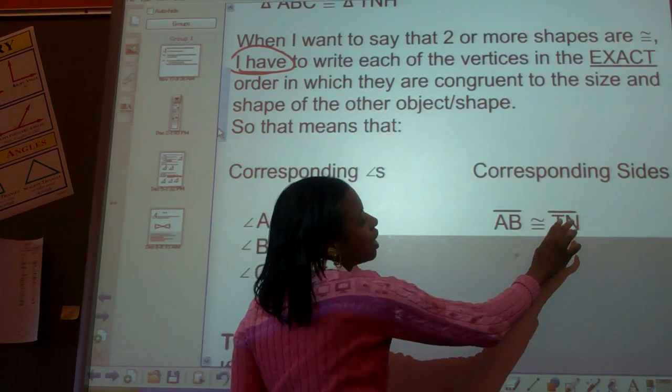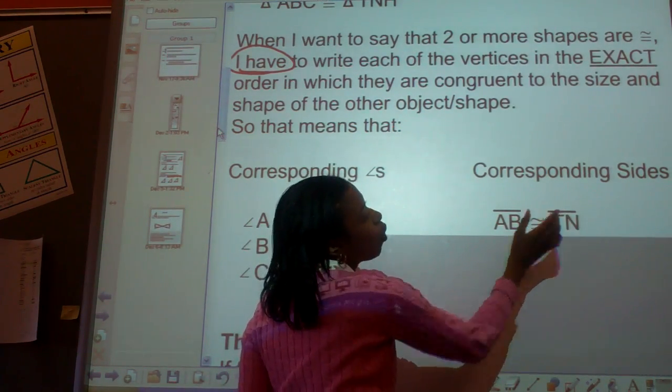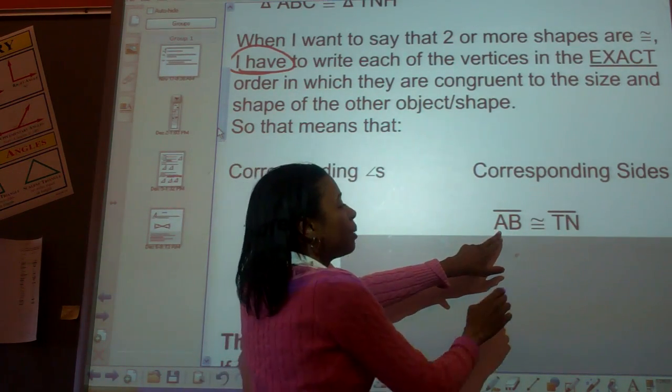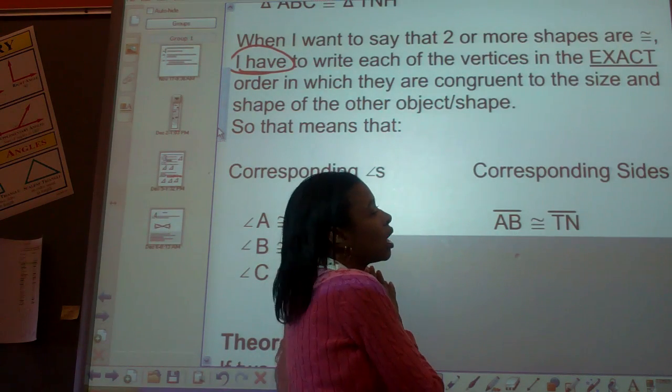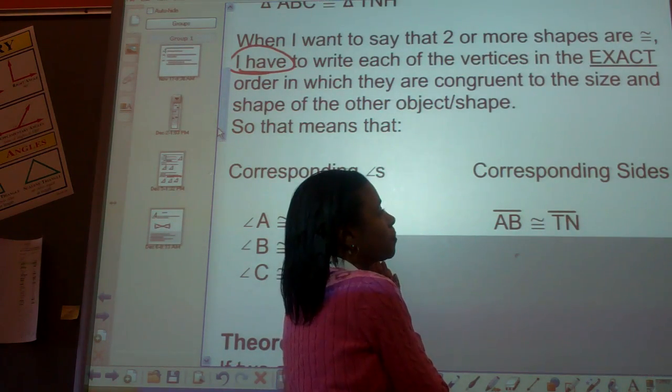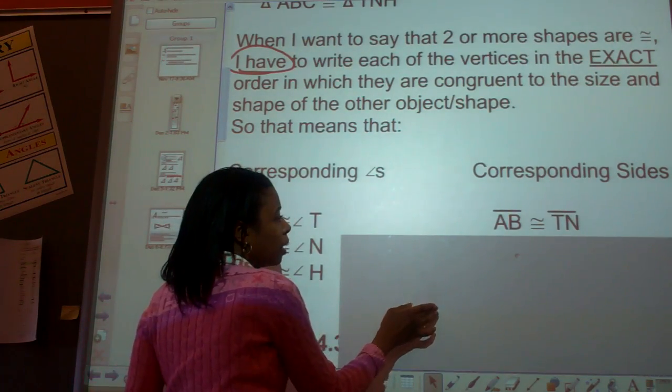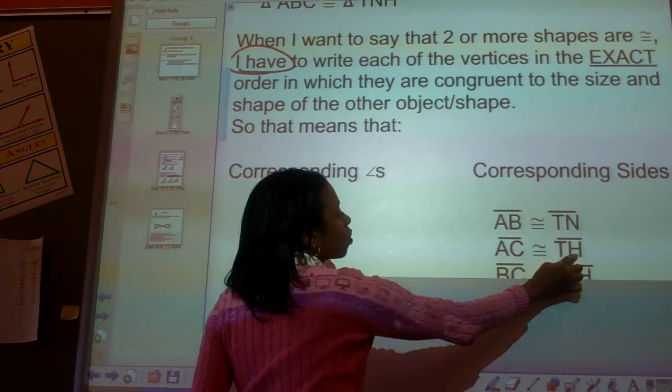Even though TN is the same as NT, when I'm trying to say it's congruent to another segment, I must put it in the same exact position as the angle or vertex it corresponds to. So AB is congruent to TN, and then AC is congruent to TH.